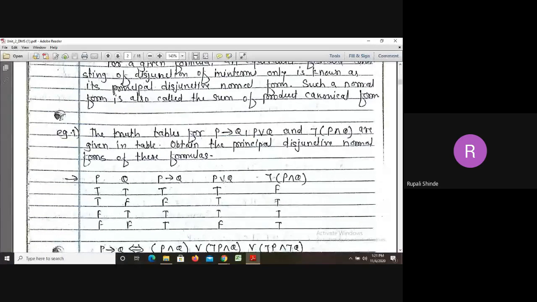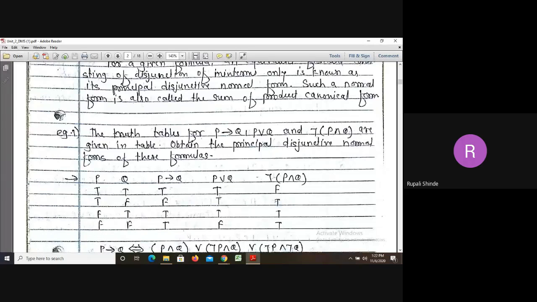First step, you have to just check where you have written T in that respective column. So here we have P and Q, yes, P and Q, correct? Or P and negation Q, yes, correct. Or negation P and Q. Yes, good. And for last one, P and negation Q, yes, or negation P and Q, yes, or negation P and negation Q, yes, good, correct.